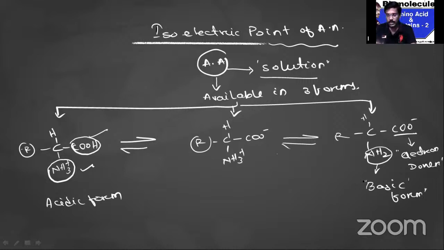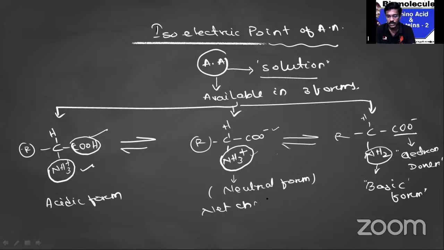But if it is existing in this condition, that means it is NH3 plus and this is COO minus, having both positive and negative charge, then this form is called the neutral form. The net charge of this amino acid will become 0 because there is the same amount of positive charge and the same amount of negative charge, so the plus and minus cancel.